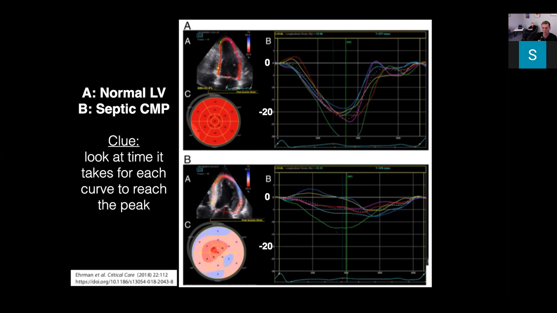Here in a septic cardiomyopathy, you've got one peak here, another peak here, then another peak over here. It's late, after the aortic valve is closed, so we've got a lot of post-systolic shortening, as in inefficient contraction, all of which points to a badly functioning heart. So again, speckle tracking can give you really useful information about dyssynchrony. And they've used that in the cardiology literature to try and do things like time pacemakers.